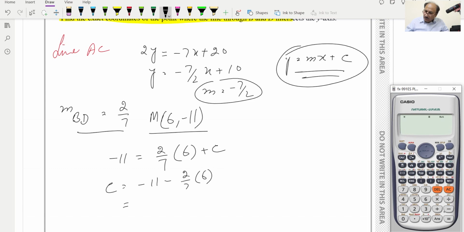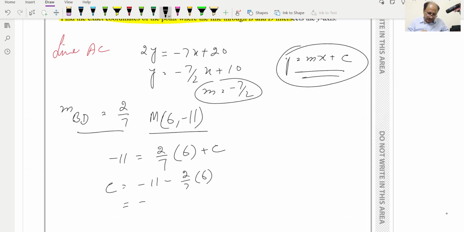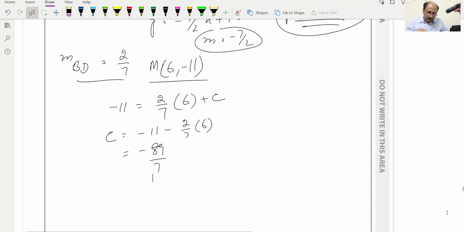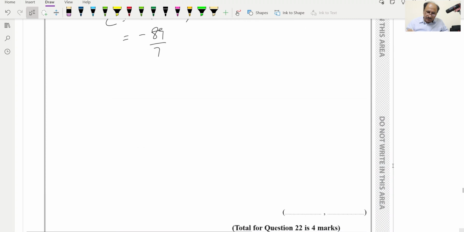So minus 11 minus 2 over 7 multiplied by 6 is equal to minus 89 over 7. This is the c value, which is basically the y-intercept. The x coordinate for the y-intercept will be 0, so our answer will be (0, -89 over 7).